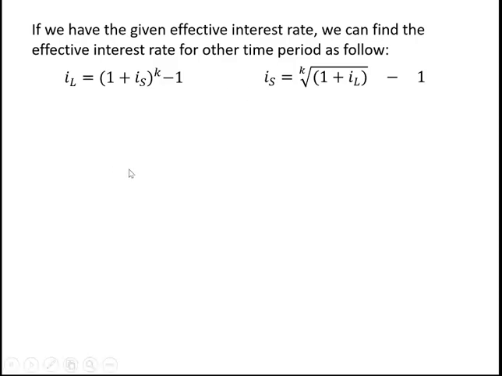For example, if we have the effective interest rate of a quarter as 3%, we calculate the effective interest rate of a year as (1 + 3%)^4 - 1.